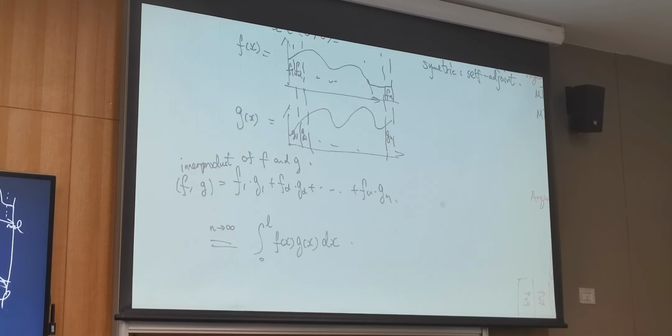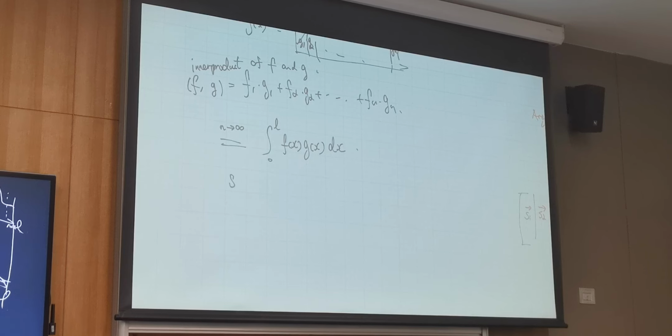Coming back to that case: for example B, which is the second-order spatial derivative, how to argue that B is self-adjoint?